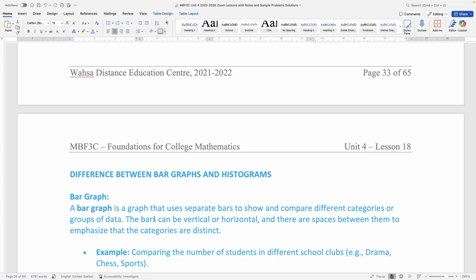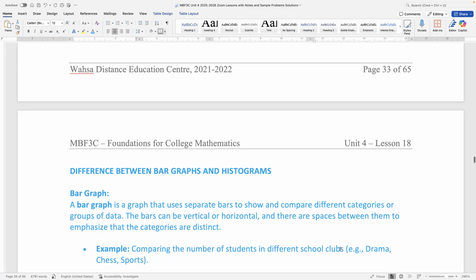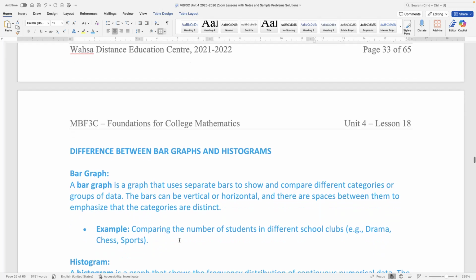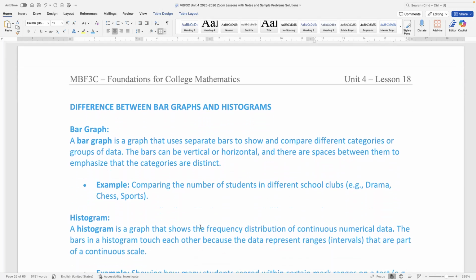Okay, here's an example comparing the number of students in different school clubs, drama club, chess club, sports club, or we could compare the number of students enrolled in each sport on each sports team. So the hockey team, the football team, the soccer team, baseball team, and so on. Okay? So each sport is distinct, it's different from the others. A histogram is a graph that shows the frequency distribution of continuous data, numerical data.